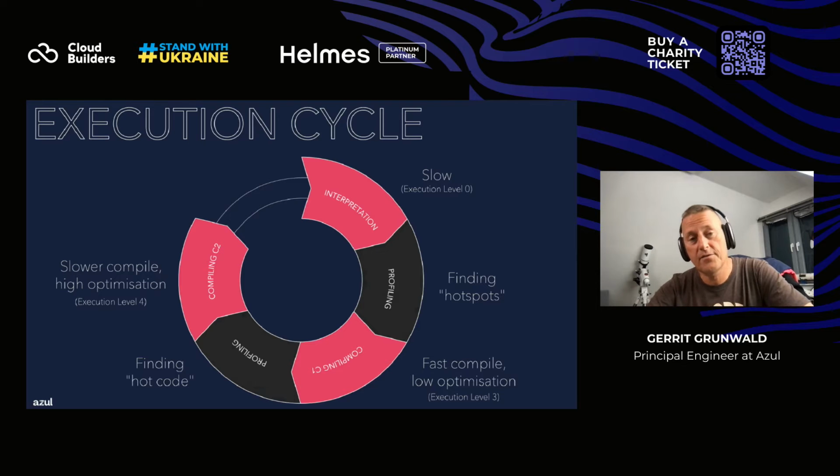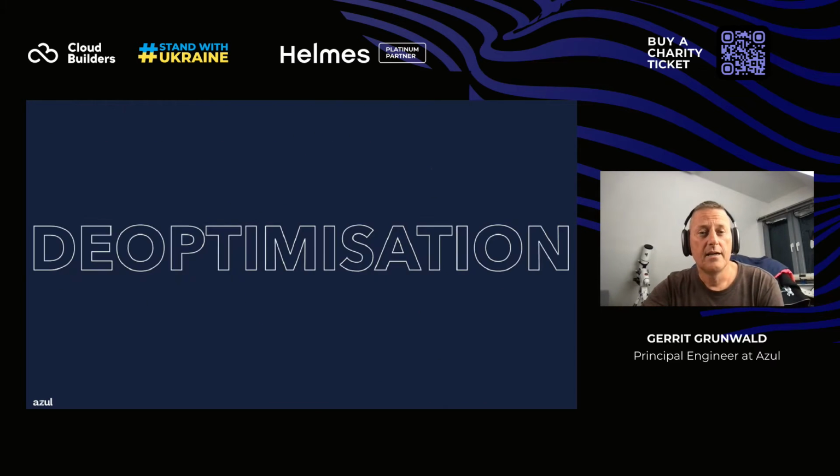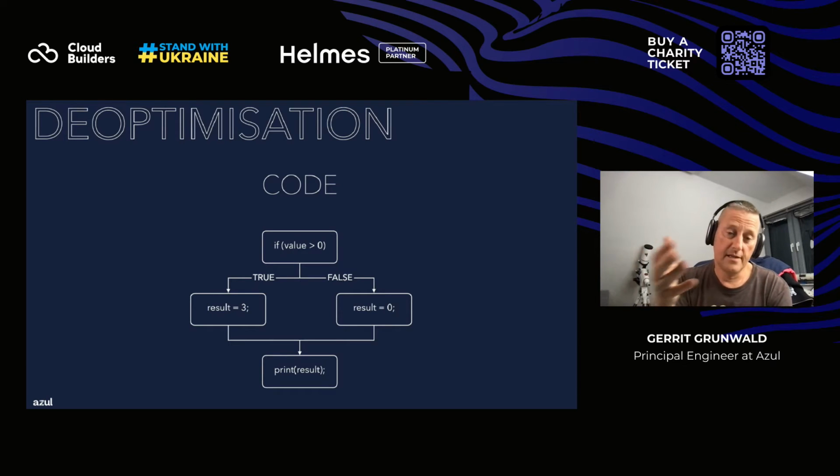And then there is this other thing that can happen, and that is called de-optimization. Let's take a short look into that one, because it's good for understanding. If this is our code, we have just an if-then clause. If the value is larger than 0, then the result equals 3, and we print the result.